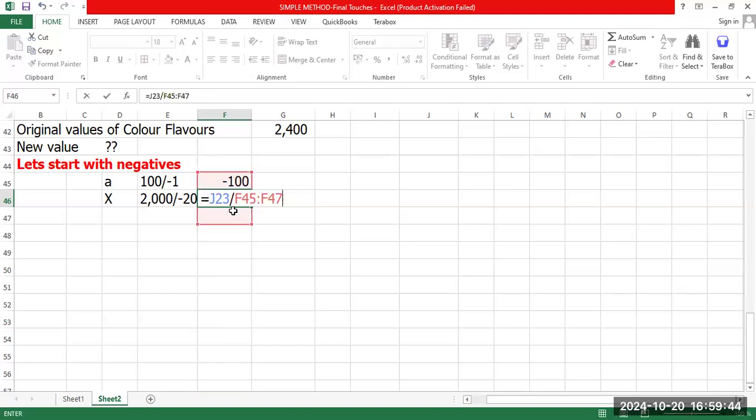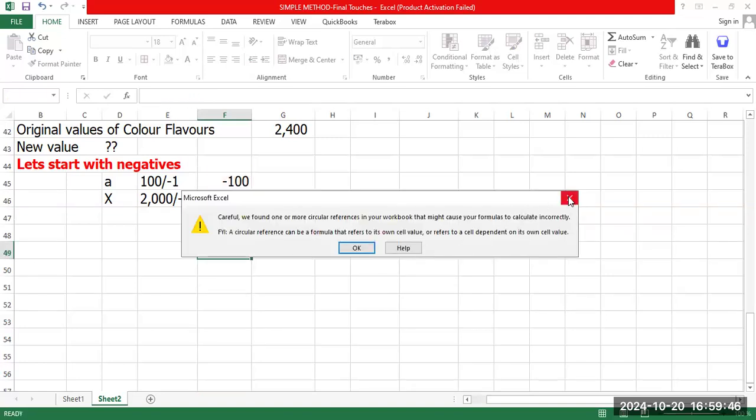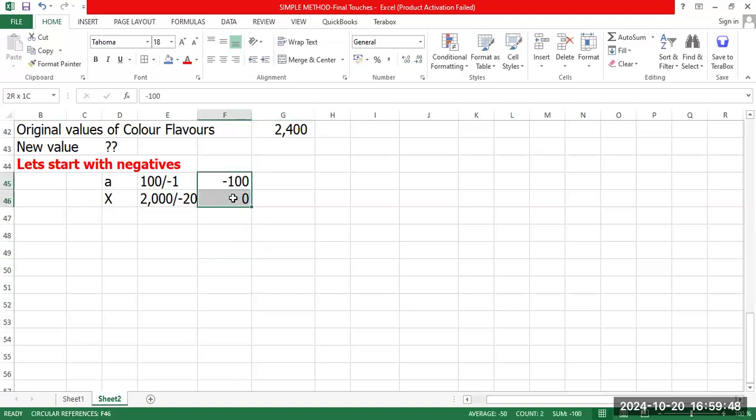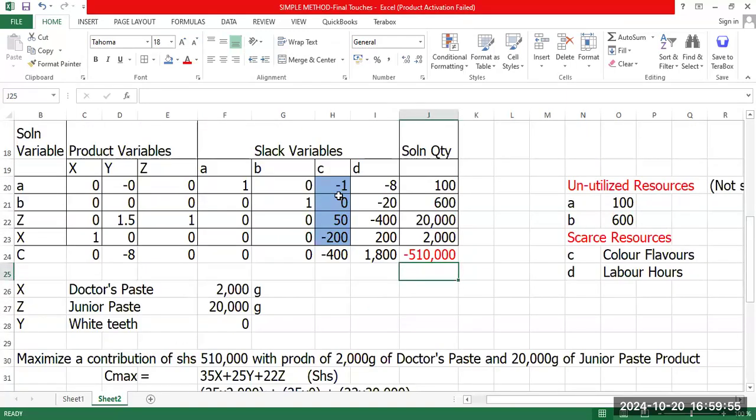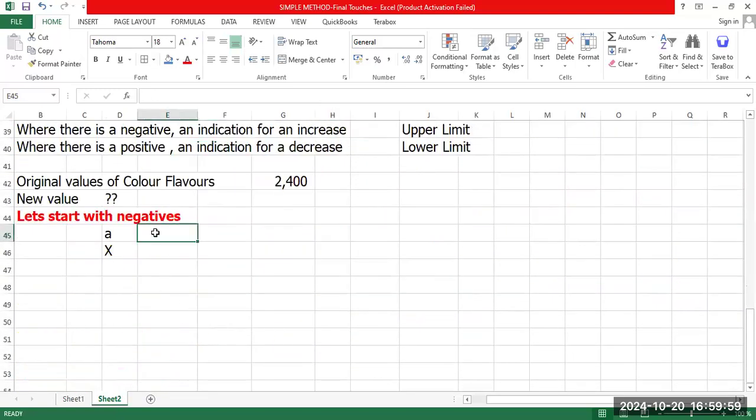First, hold on. We go back to our table where we have negatives. It is 100 divided by -1.